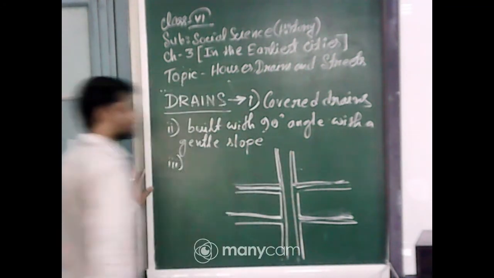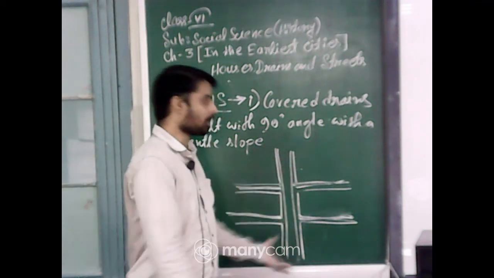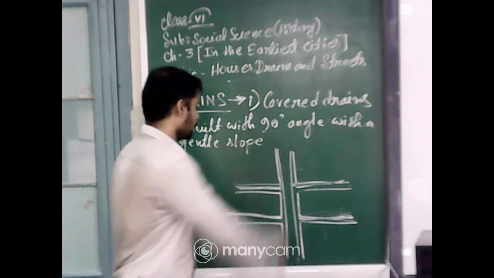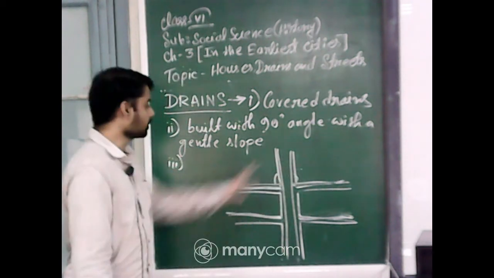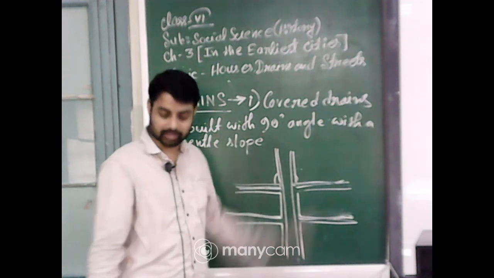How did they plan so well? We are so surprised to imagine that, and everything is at a 90-degree angle. So streets and drains were dug and built at the same time, with the same planning.